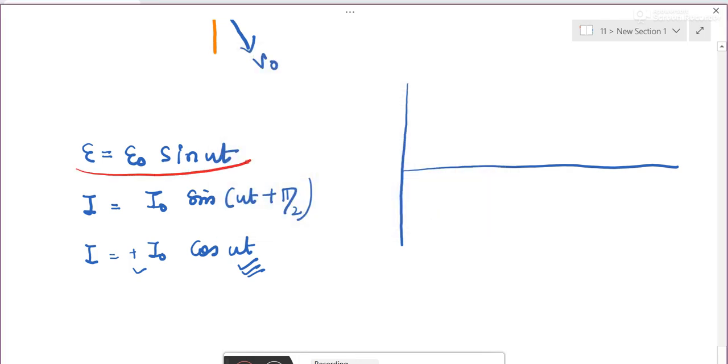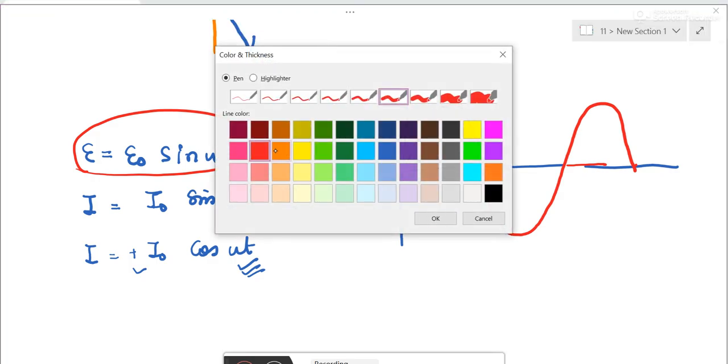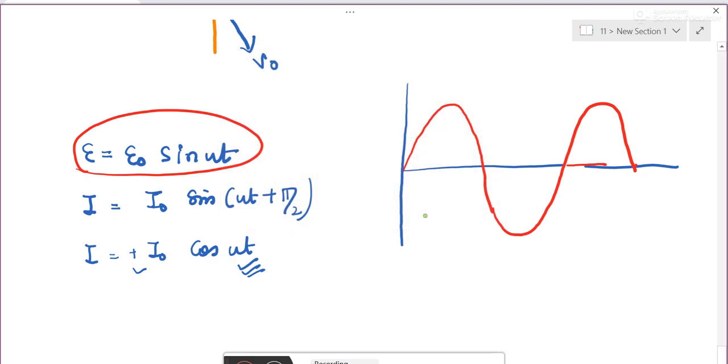For voltage, we don't even need to think. It's a sine curve. See, mine is drawn a little wrong. You don't draw it flat anywhere. It shouldn't be flat. Avoid drawing flat. And now coming to this, current is positive cos 0, 1.